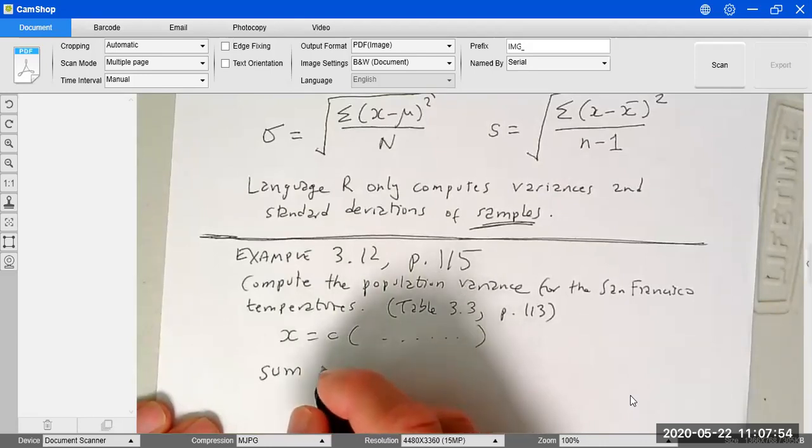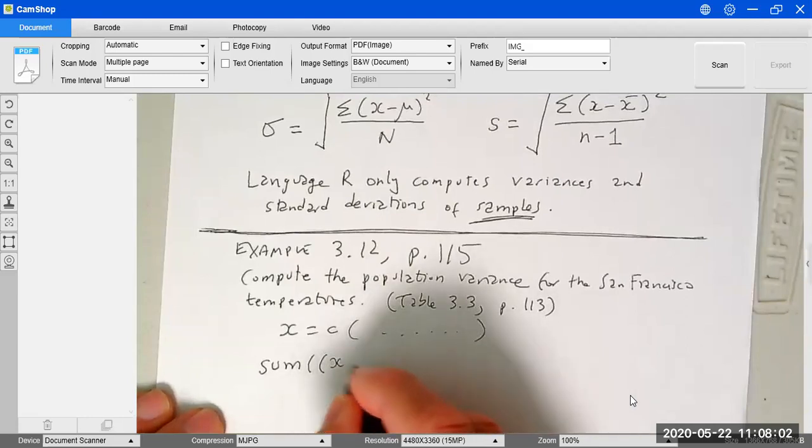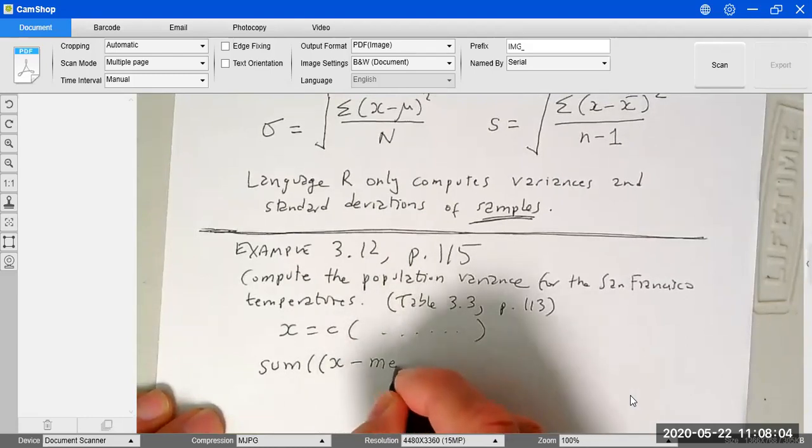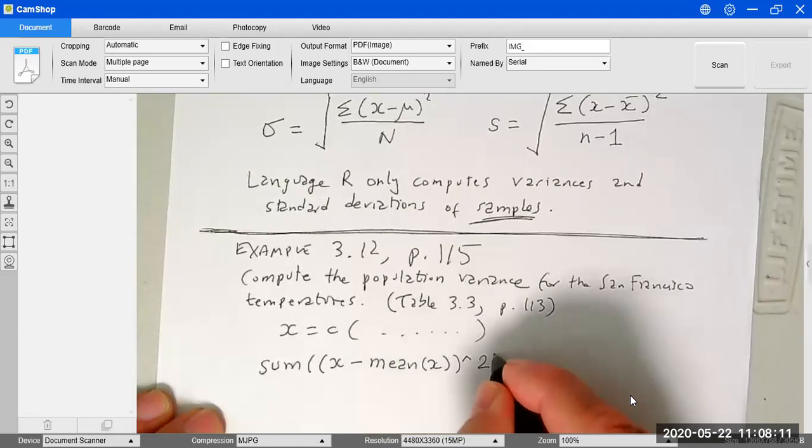We're going to use a double parenthesis because we subtract x minus the mean of x, and we square this, and we close this.